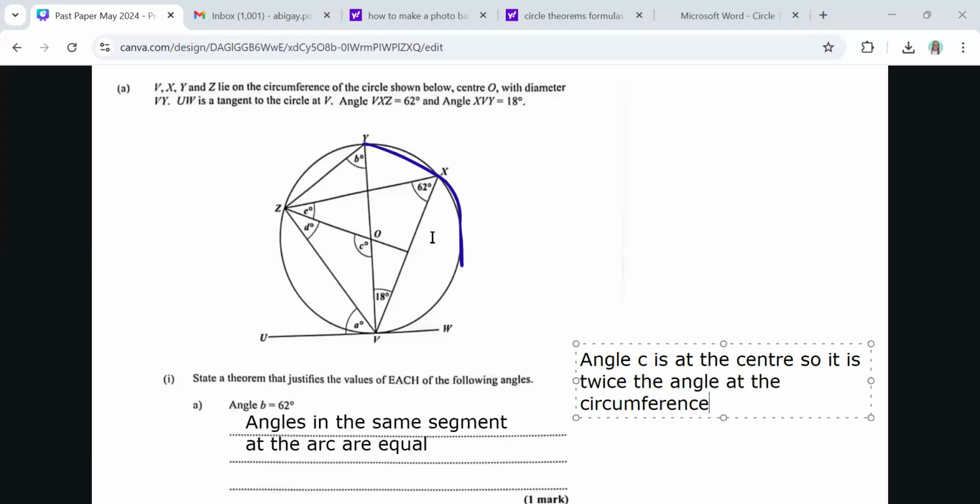Right, and 62 times 2 is 124. So make a jot of that.